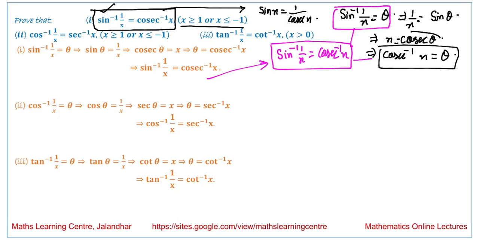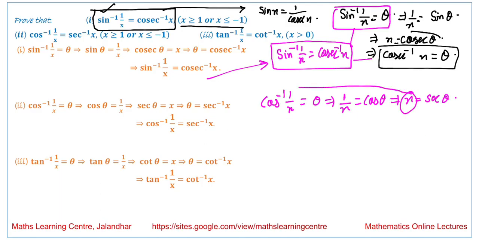Similarly, when we are talking about cos inverse of 1 by x, if we consider it equal to theta, this implies that 1 by x is equal to cos theta. This implies x is equal to secant theta. The values of x are lying in these intervals.